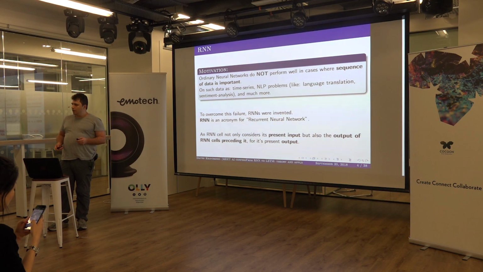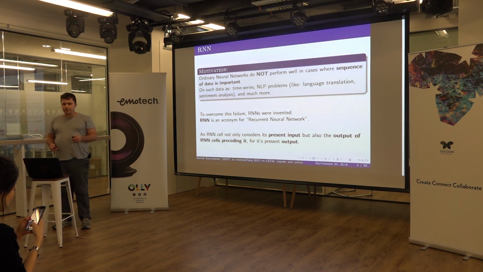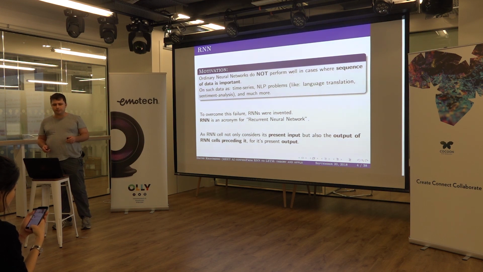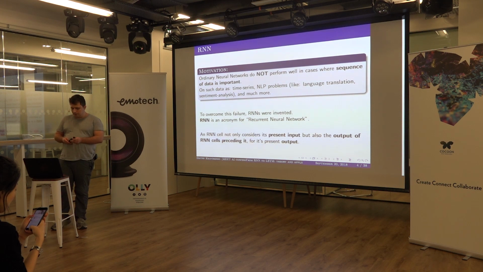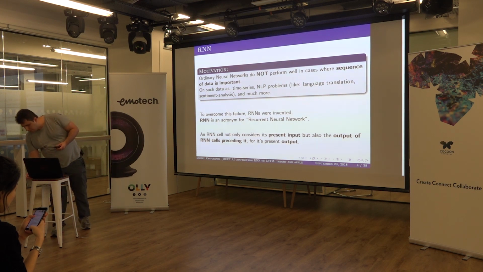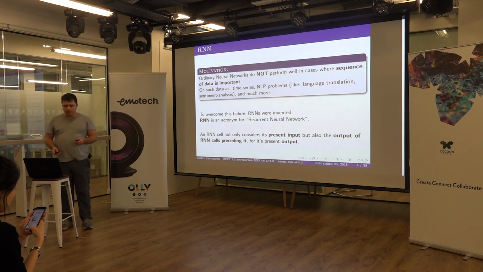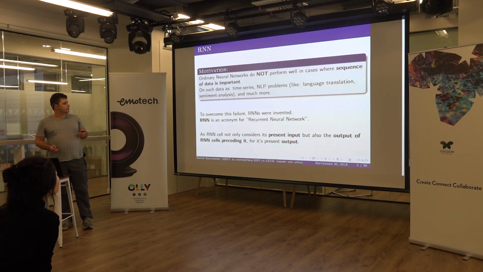So what is the motivation? Ordinary neural networks don't perform well where the sequence of data is important, on such data as time series and NLP problems like text classification, sentiment analysis, and much more. To overcome that issue, RNNs were invented. RNN is an acronym for recurrent neural network.